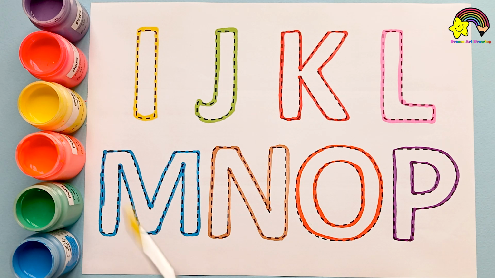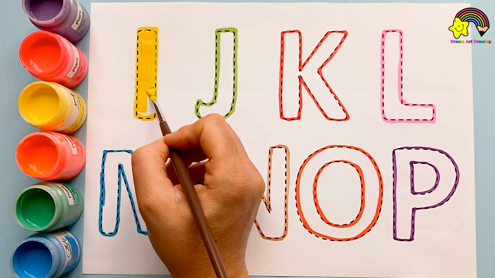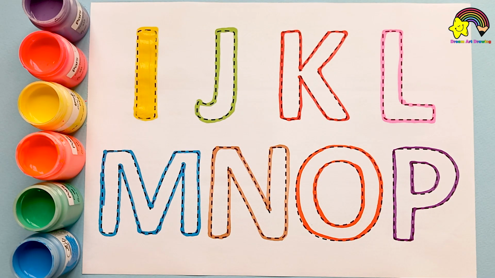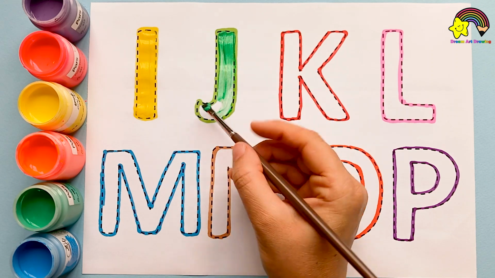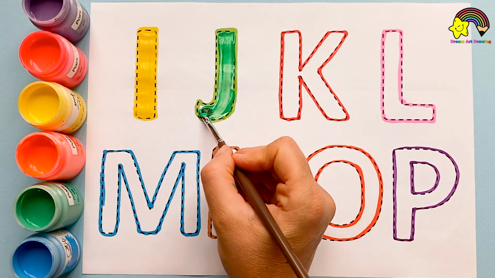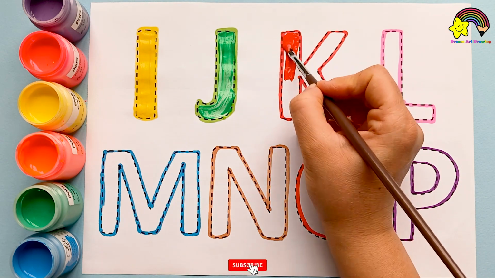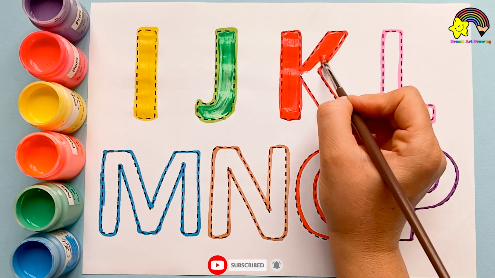Yellow color. I for ice. Green color. J for jam. Red color. K for kangaroo.